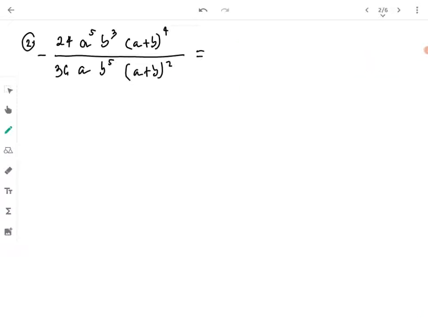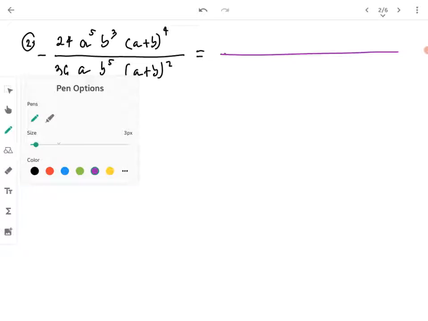Our next example, we have negative 24 a raised to 5 b cubed, then quantity a plus b raised to 4, and in our denominator we have 36 a b raised to 5, then quantity a plus b squared. The same idea, we will factorize 24 and 36.